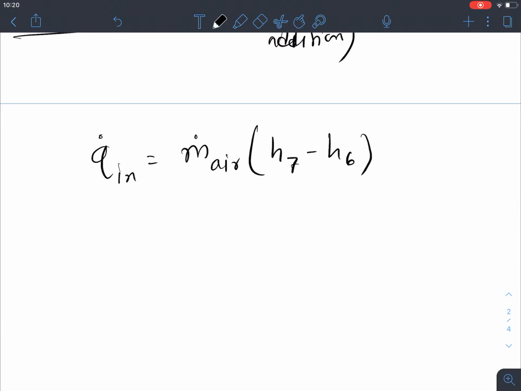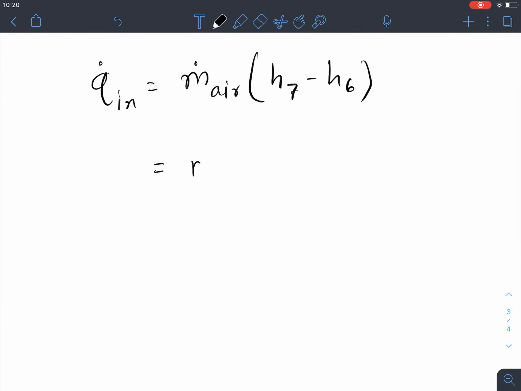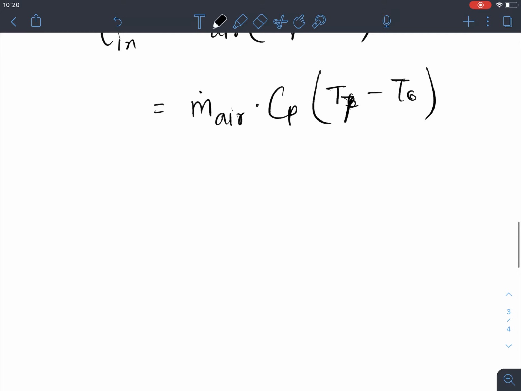Instead of enthalpy, if we use temperature, then it will be mass flow of air times Cp, the constant pressure specific heat, times (T7 minus T6).